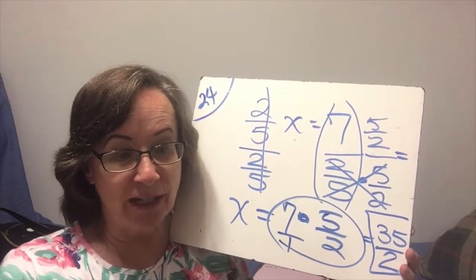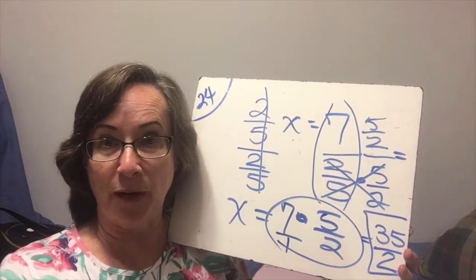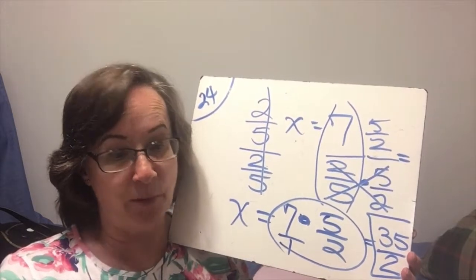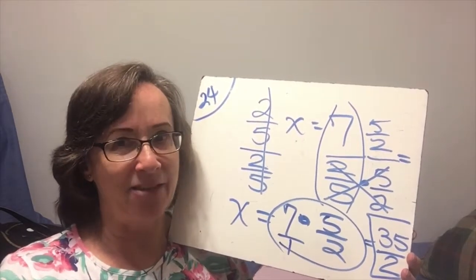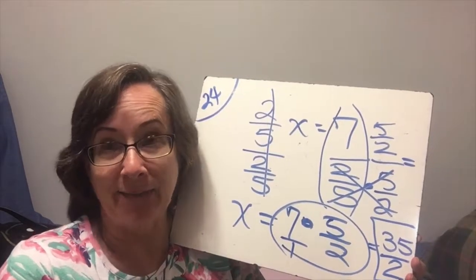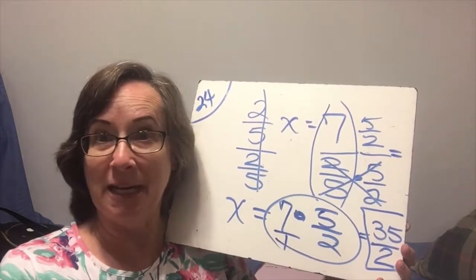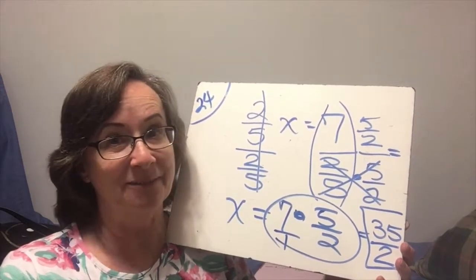But if it started with improper fractions, you can put your answer in improper fractions. In this problem, it had neither. So I guess you can take your pick. I always leave it improper fractions if there's not mixed numbers in there, because improper fractions are easier.